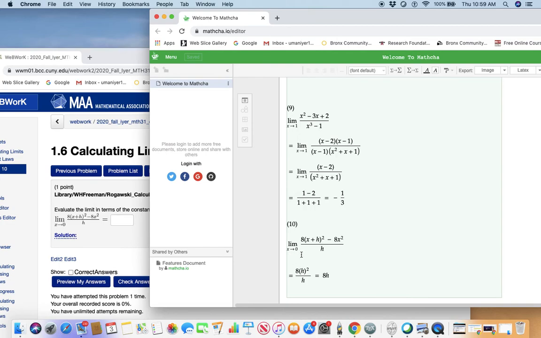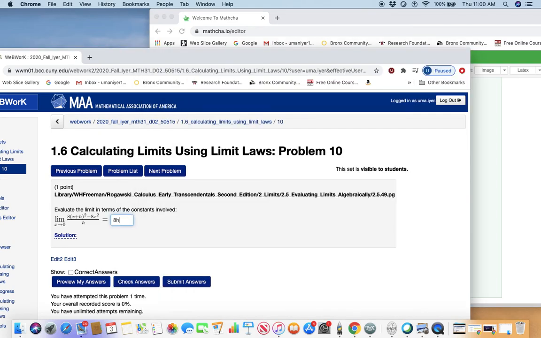You set x to 0. If you set x to 0, you get 8h squared minus, well, that goes away, over h. That is 8h squared over h. Simplifying, you get 8h. So I didn't have to do anything, just plug in x equals 0. I get 8 times h.